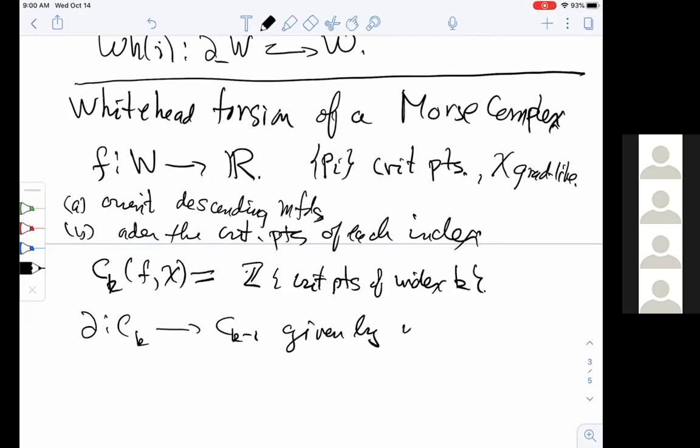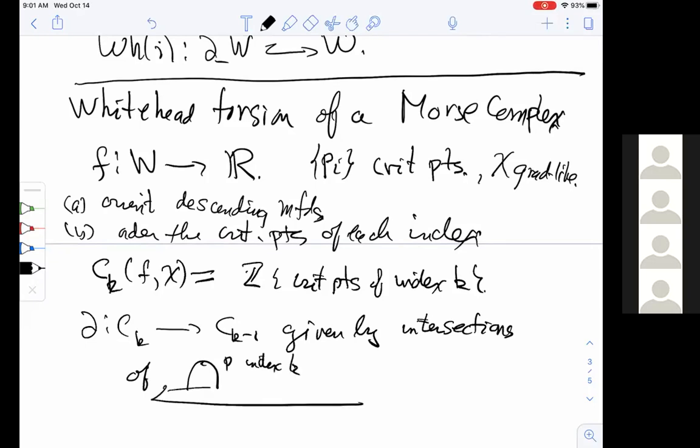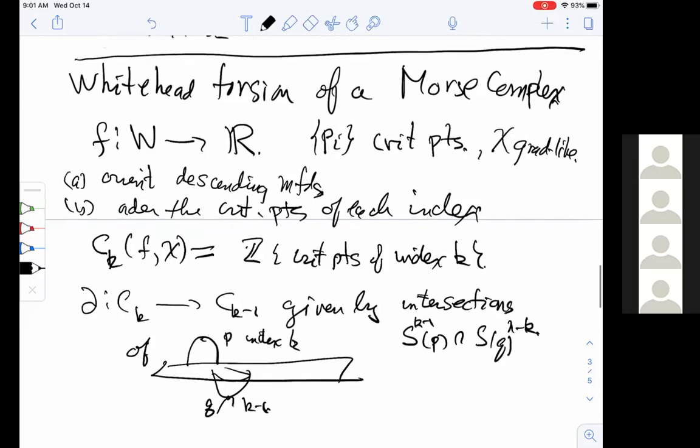It is given by intersection numbers of the descending manifolds of critical points of index k at some intermediate level with the ascending manifolds of critical points of index k-1. So S_p^{k-1} intersect S_q^{n-k} in these intermediate levels.